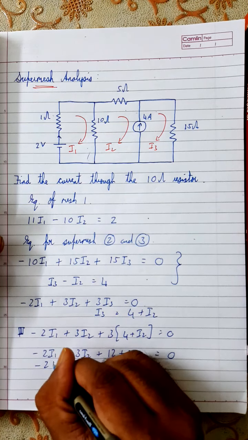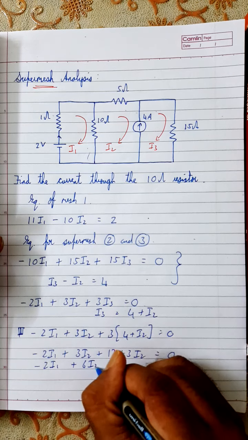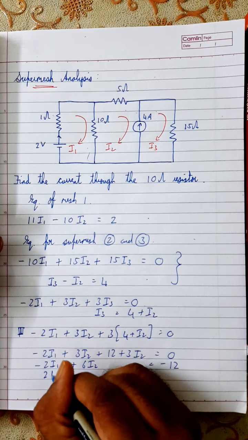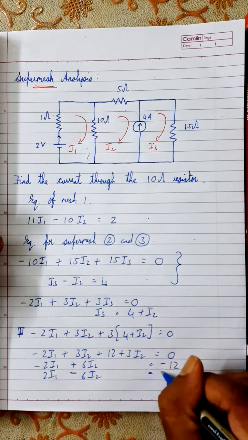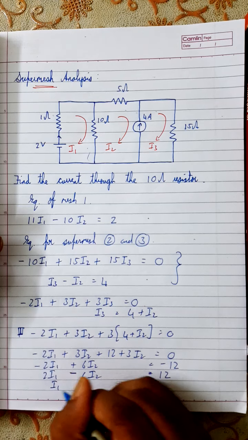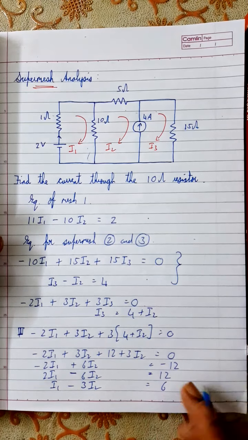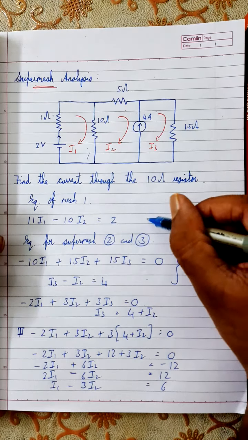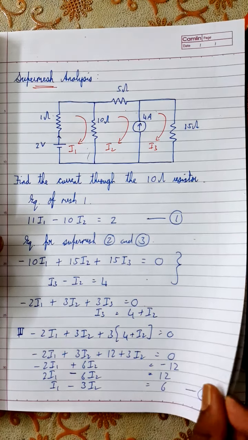So minus 2 I1 plus 6 I2 is equal to minus 12, or 2 I1 minus 6 I2 is equal to 12, or I1 minus 3 I2 is equal to 6. I1 minus 3 I2 is equal to 6. So now this is equation 1 and this is equation 2. Solve for I1 and I2.